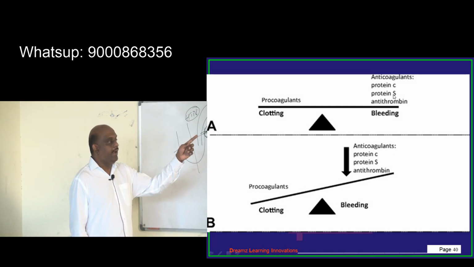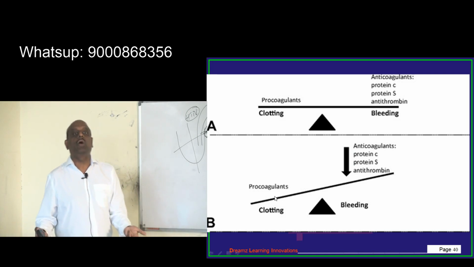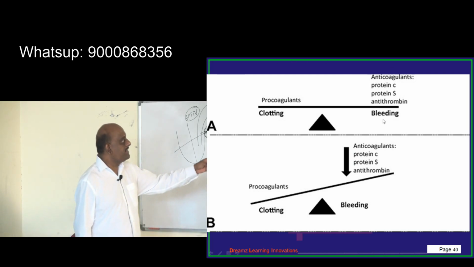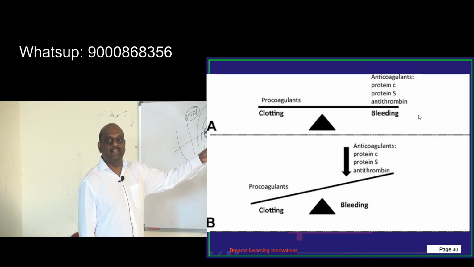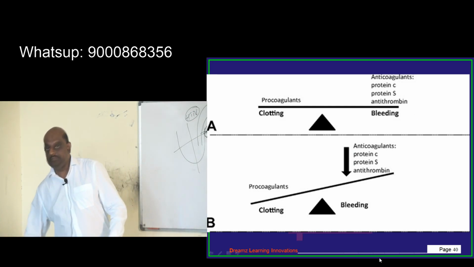Then the normal anticoagulant activity is antagonized, so what will happen? It becomes a procoagulant state. So that is the reason there will be a thrombotic tendency paradoxically. Now I will explain it on the board.